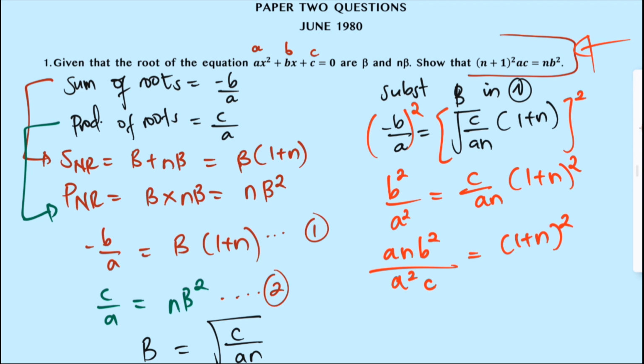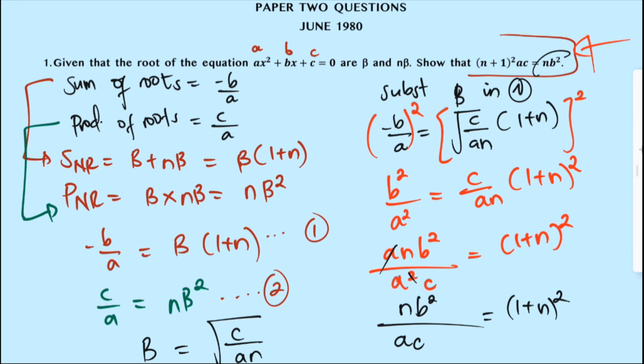So when we simplify this, we'll just see that one of the a's cancels out with a square at the bottom. This is just the law of indices. If you're not sure about this, let me know. Cancels out one of them. And then we would have nb squared over ac equals 1 plus n, all that squared.